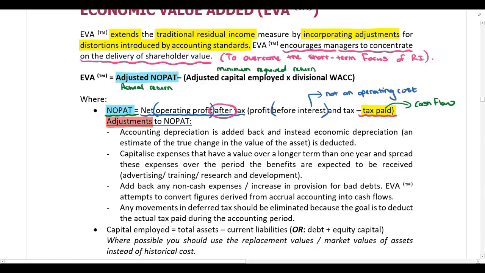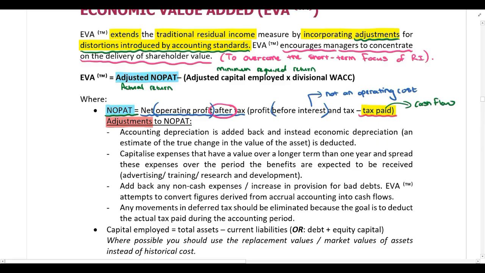We then need to make certain adjustments to net operating profit after tax. And we take these adjustments into account in order to overcome distortions that are introduced by accounting standards. So in terms of IFRS, we are required to depreciate assets over their useful life. So on our statement of profit and loss and other comprehensive income, we have a depreciation expense.